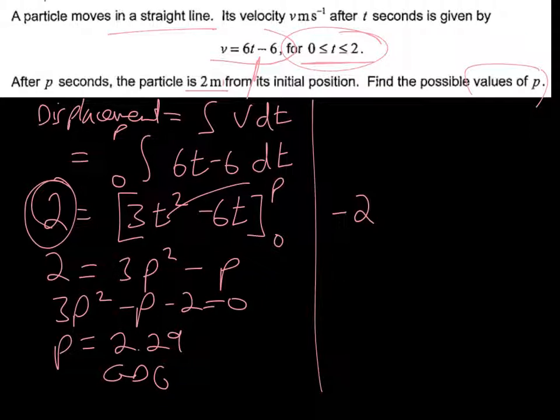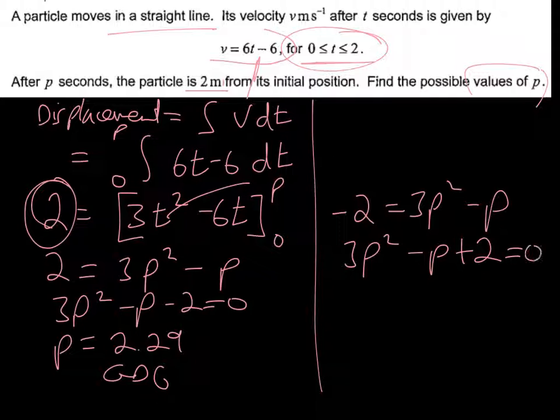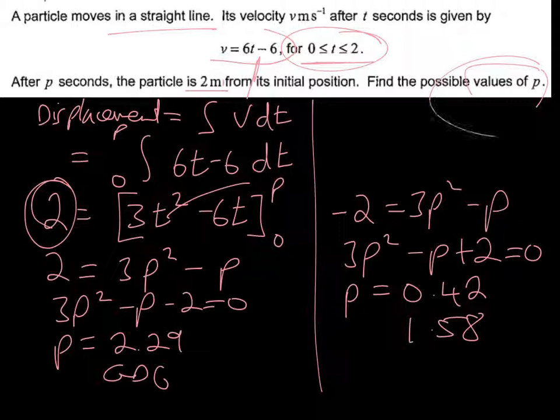So we could end up with negative 2 equals 3p squared minus 6p, or a quadratic in which 3p squared minus 6p plus 2 equals 0. Now, if you solve that using the GDC, you end up with a value of p equals 0.42 or 1.58. So those are the possible values of p.